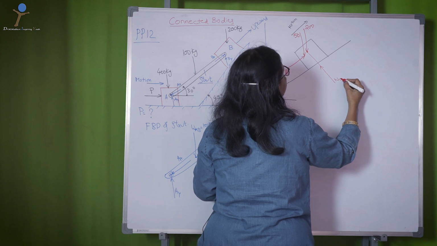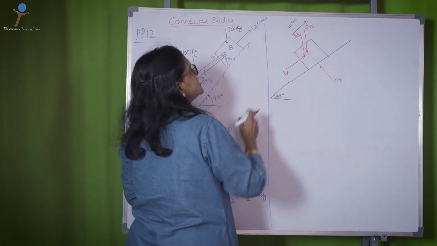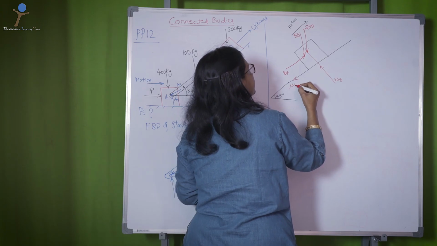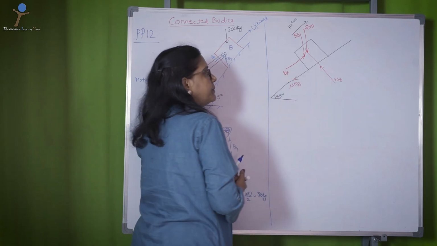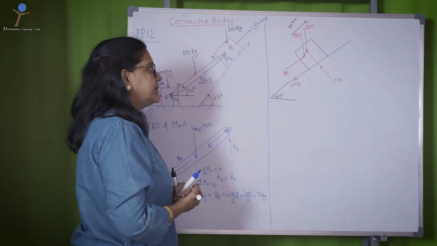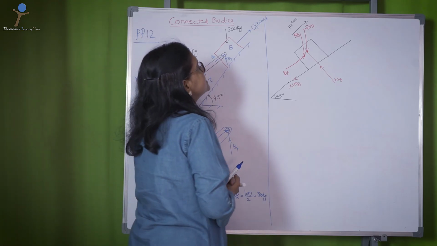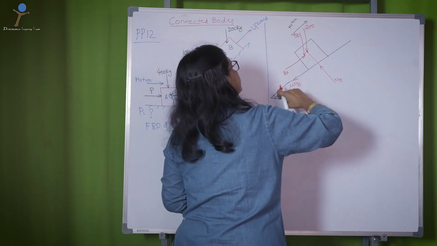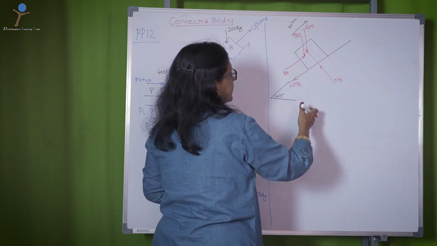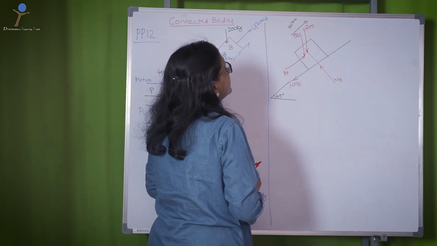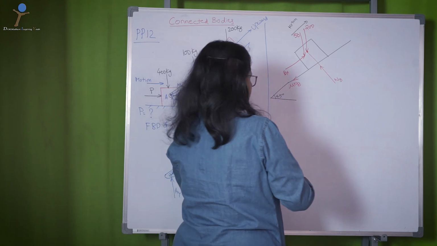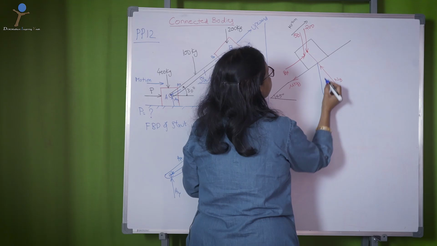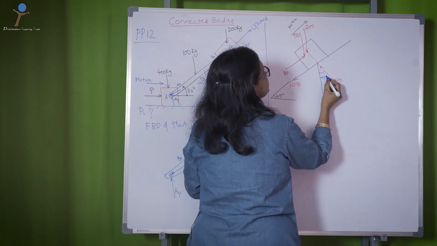Now, let us draw the normal reaction. Let me say NB. Since the body is moving up, your frictional force will be in downward direction, mu NB. Now, let us resolve the forces onto this plane. So, this is 45 degrees.